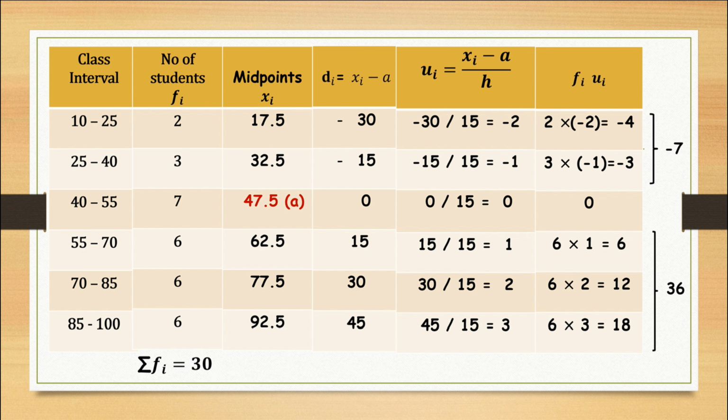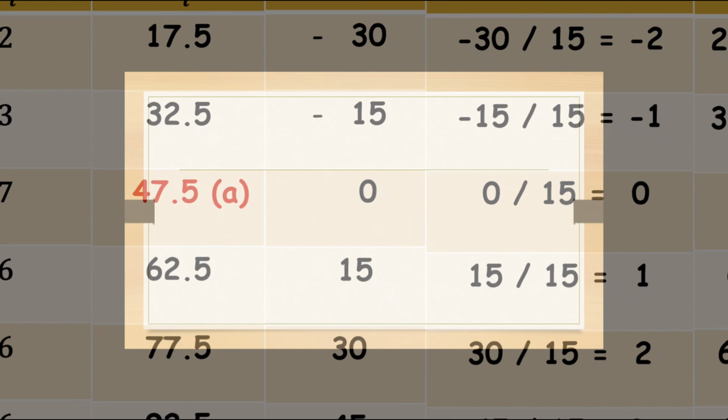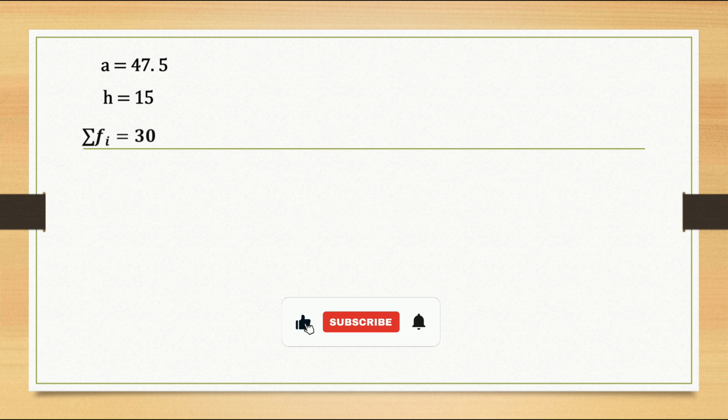So subtract. 36 minus 7, you get 29. Put the sign of the larger number. Here 36 is the larger number, so you get a positive sign. So summation fi ui is equal to 29. Here we have a is equal to 47.5, h is equal to 15, summation fi is equal to 30, summation fi ui is equal to 29.